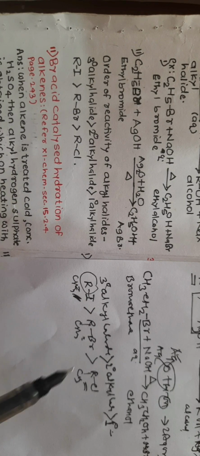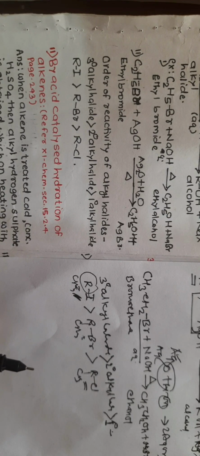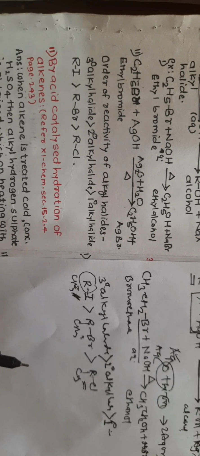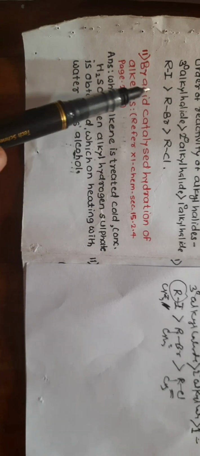Now this is regarding the first method of preparation, from alkyl halides. Now we will go to another method, the second method. The first method is from alkyl halides, the second one is from alkenes by acid catalyzed hydration of alkenes.